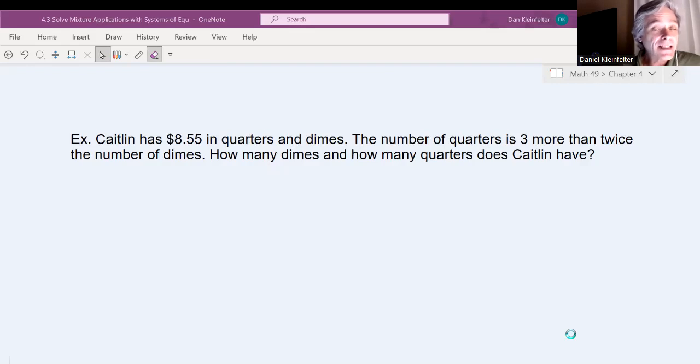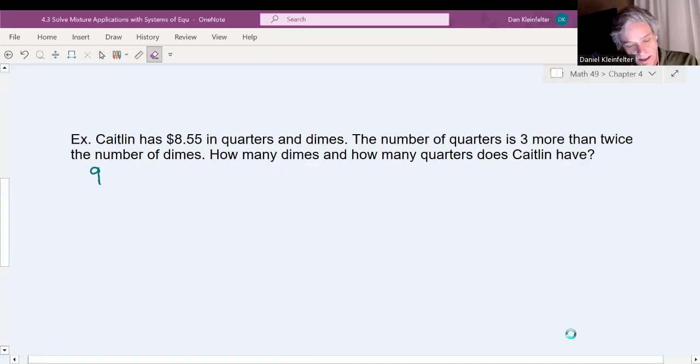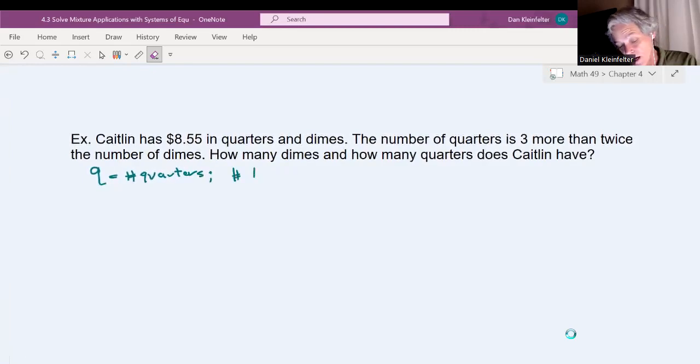The two variables are how many of each type of coin there are. Let's go with Q for the number of quarters, and then D will be the number of dimes. Okay, so then let's go with the money equation first.